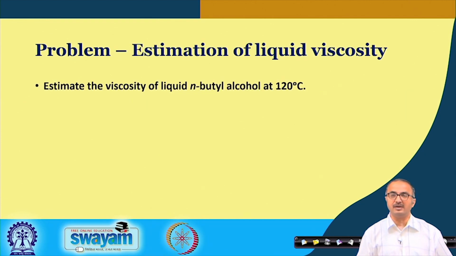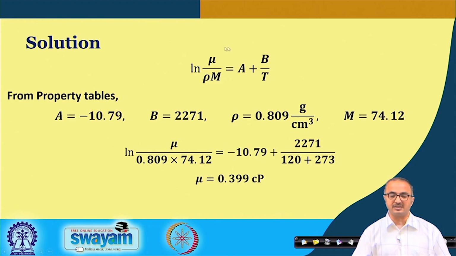Next we come to another problem on liquid viscosity, where we have to find the viscosity of the liquid at this particular temperature. In this problem also the pressure does not appear, because the viscosity of a liquid is not a very strong function of the pressure. In this expression it comes in terms of density and temperature. So for liquids density is important, which was not so in the case of gases at low pressure.